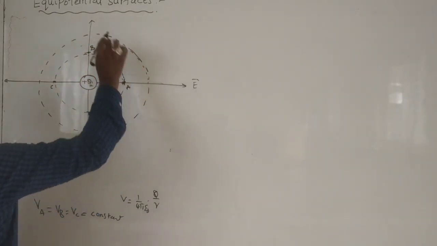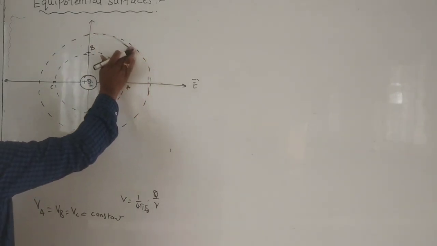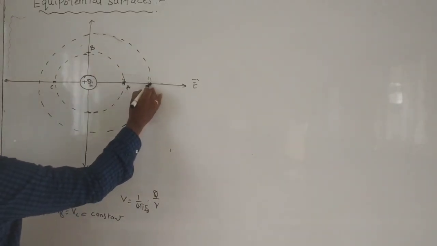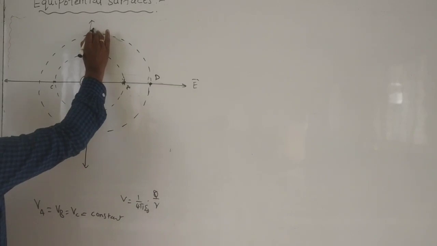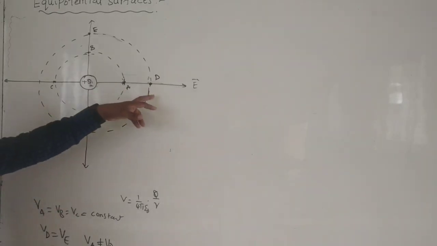Suppose the distance increases from r to a larger r. So here we consider point D and point E. Point D and point E have the same potential, but VA is not equal to VD and VD is not equal to VB, because this is different.